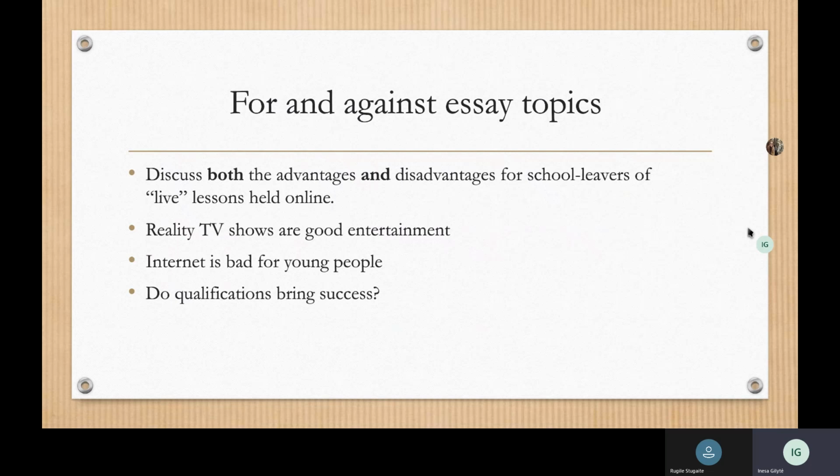And the third example is internet is bad for young people. So in the first paragraph, you would argue that yes, it is bad, and in the second main paragraph, you will argue that it is good for young people. Now the last example is do qualifications bring success? And I will show you an example of this particular essay.